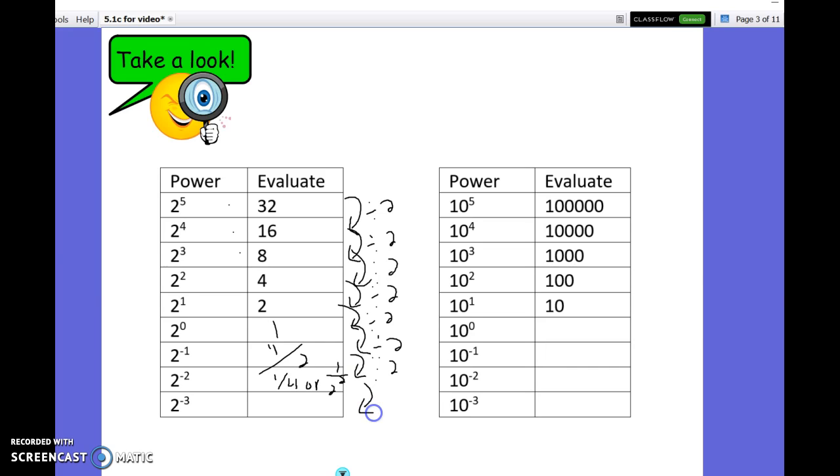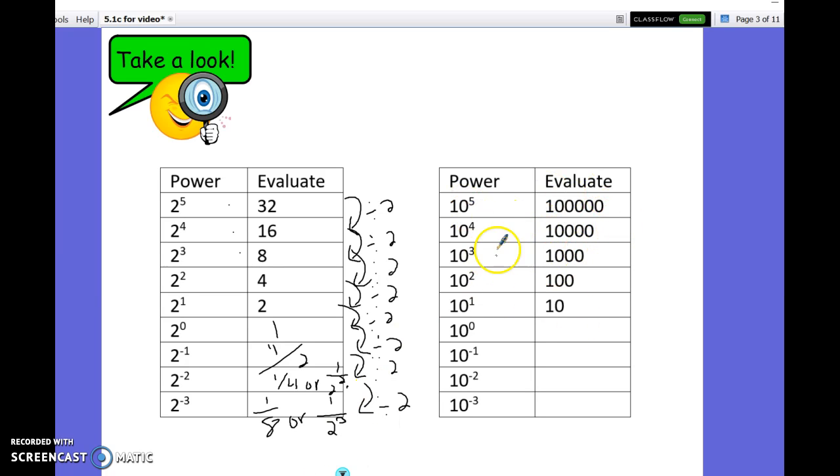If we divide by 1 more 2, well, 1/4 divided by 2 is 1/8. Or, okay, if we're dividing by 1 more 2, we had 2 to the first power here, 2 to the second power here. So this would be 1 over 2 to the third power. Okay? So if you have a negative exponent and you want to make it positive, basically you put it on the other side of your fraction.